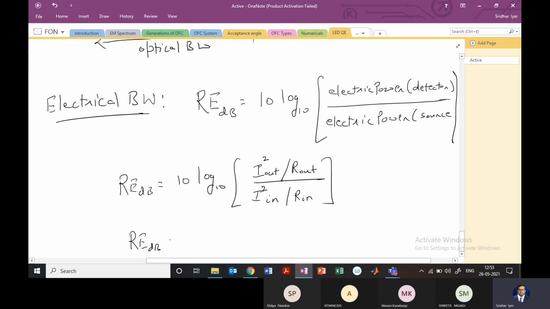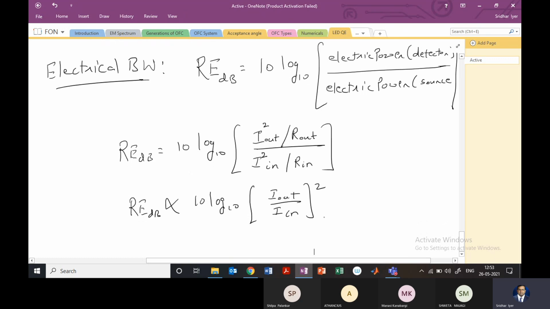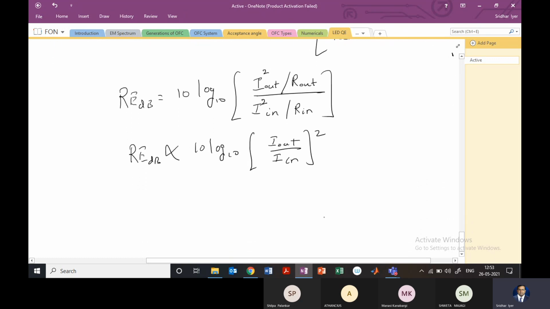Therefore, this decibel value is proportional to 10 log to the base 10 of I out divided by I in, the whole square, because we have removed the resistance values. Now, this electrical 3 dB point will occur when the ratio of the electric powers is half. That means when I out divided by I in, the whole square, will be half, because it is the half power point.